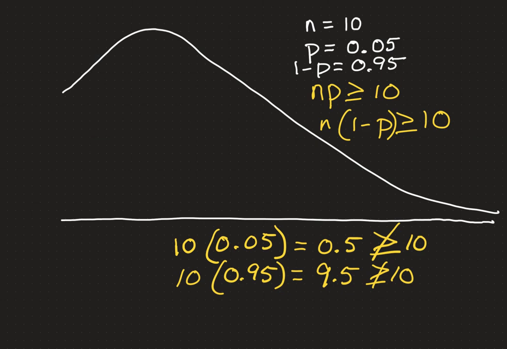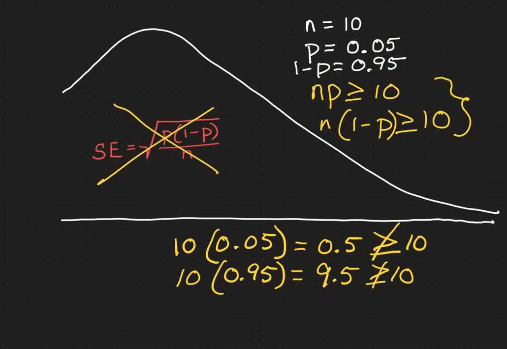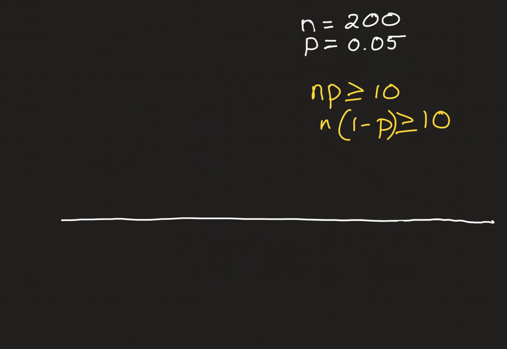So because I gave you these rules for using that standard error, you really don't need to know what this distribution looks like. You just have to trust me and generations of stats teachers that you can't use this formula here. What would happen if we had the same proportion, but we took a larger sample? Say 200. 1 minus p would equal 0.95. We just need to check both instances. Let's see. N times p, is that greater than or equal to 10?